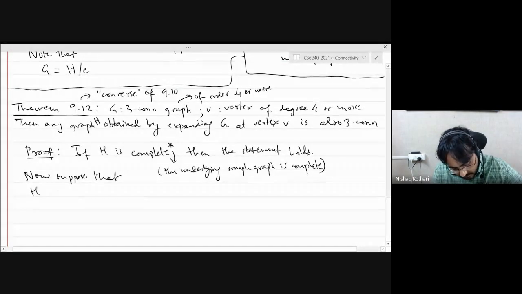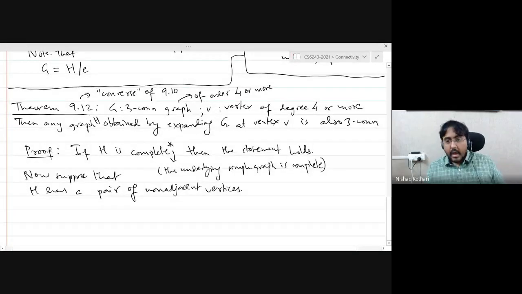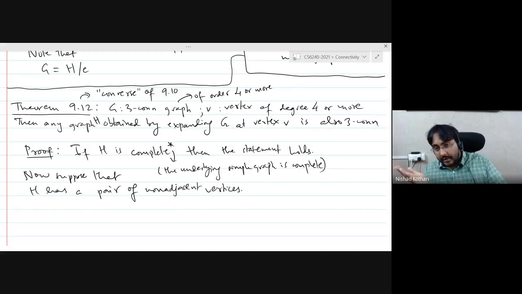So now you can assume that H has a pair of non-adjacent vertices. And if this is the case, then what you need to show is that H does not have a 2 vertex cut or a 1 vertex cut, which is easier to deal with. So supposing H has a 1 vertex cut or a 2 vertex cut, you want to show that the original graph G must also have a 1 vertex cut or a 2 vertex cut.